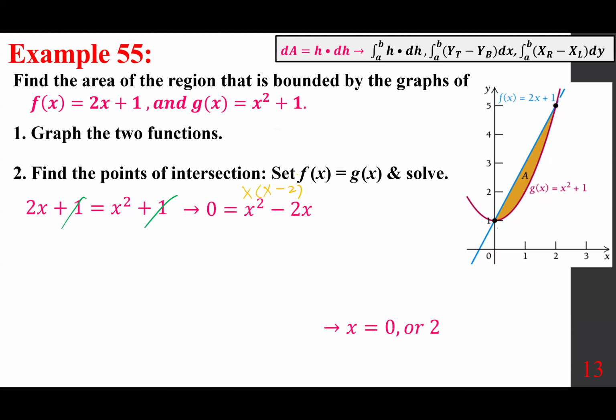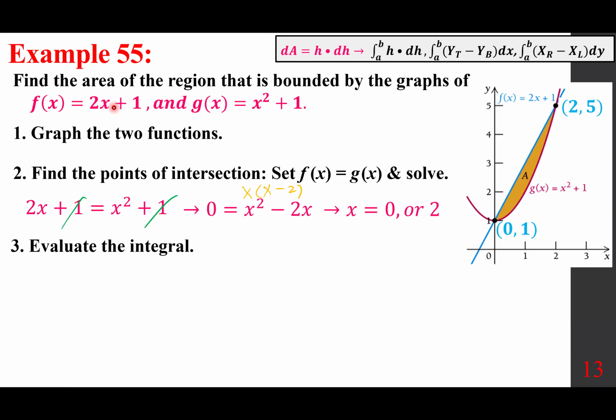And x is either 0 or 2. And so when it's 0, you get 1. And when it's 2, 2 times 2, 4 plus 1 is 5. So it's easily understood.